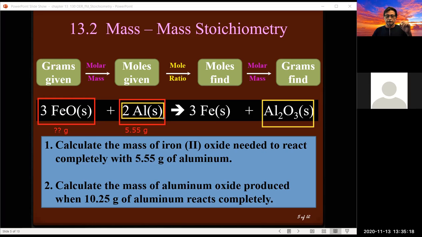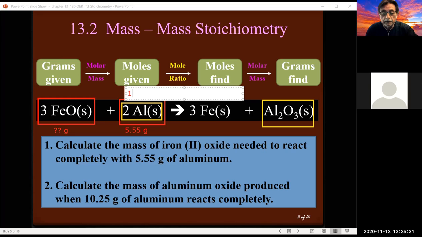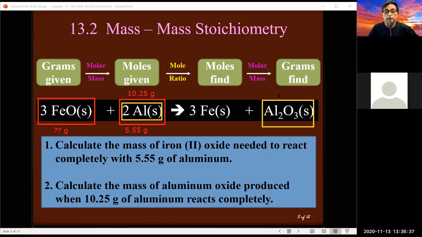Okay, so the two yellows are for the second part of the reaction, and they're saying if I start off with 10.25 grams of aluminum, for the yellow part, how many grams of aluminum oxide are produced?